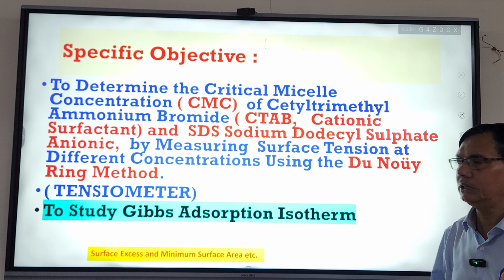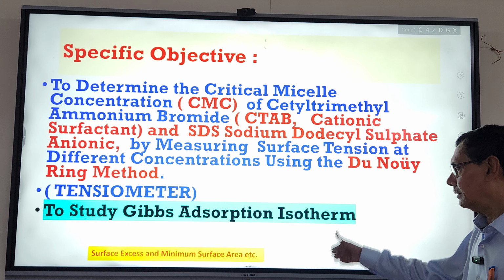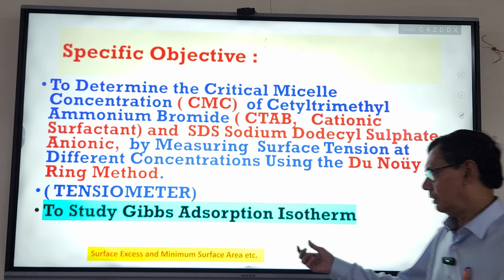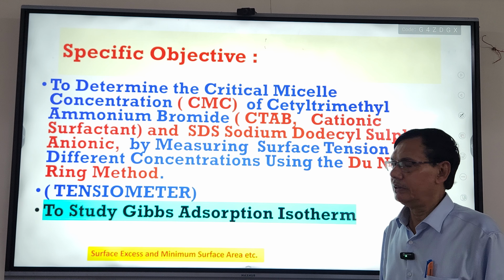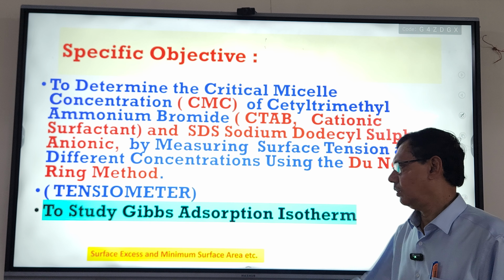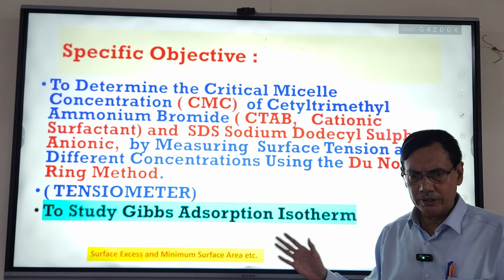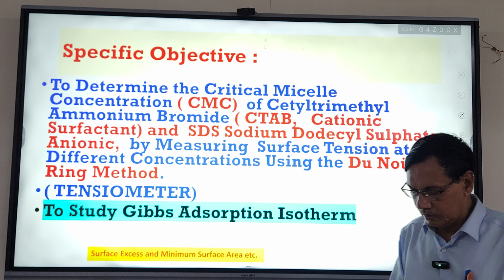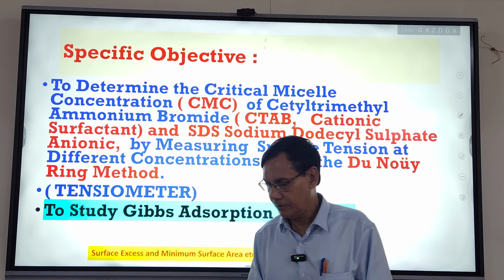And our students do this experiment without any problem. Here we will also determine two important surface properties, the surface excess and the minimum surface area. But don't worry, today I will concentrate only on the first experiment, that is the critical micelle concentration.